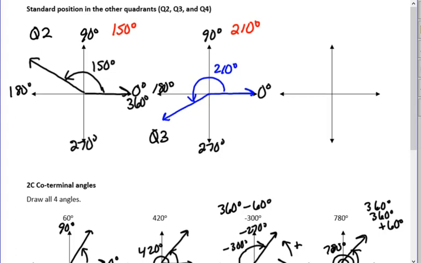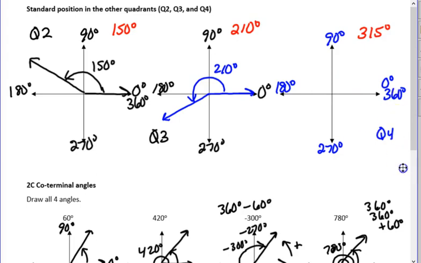And then in quadrant 4, we're looking at an angle that is between 270 and 360, because we start at 0, go to 90, go to 180, go to 270, and then back to 360. So let's do 315 degrees. Well, 315 is actually halfway between 270 and 360, because 270 plus 45 degrees gives you 315, and 315 plus 45 gives you 360.